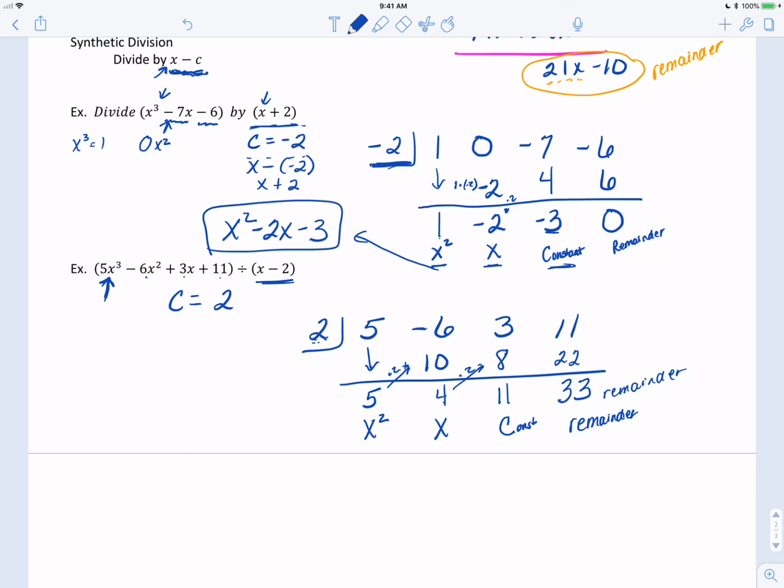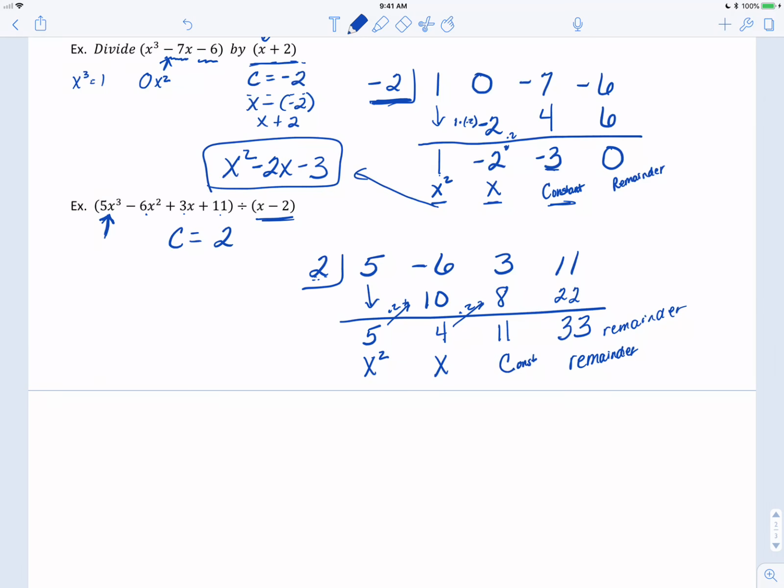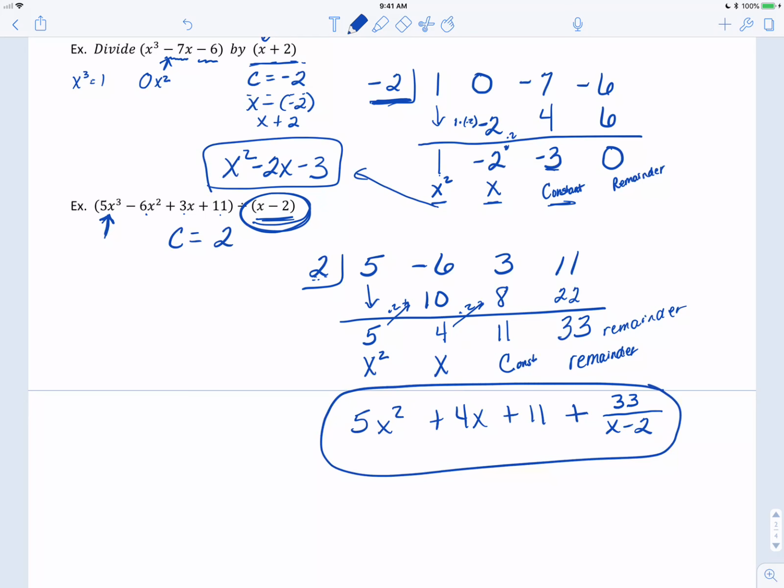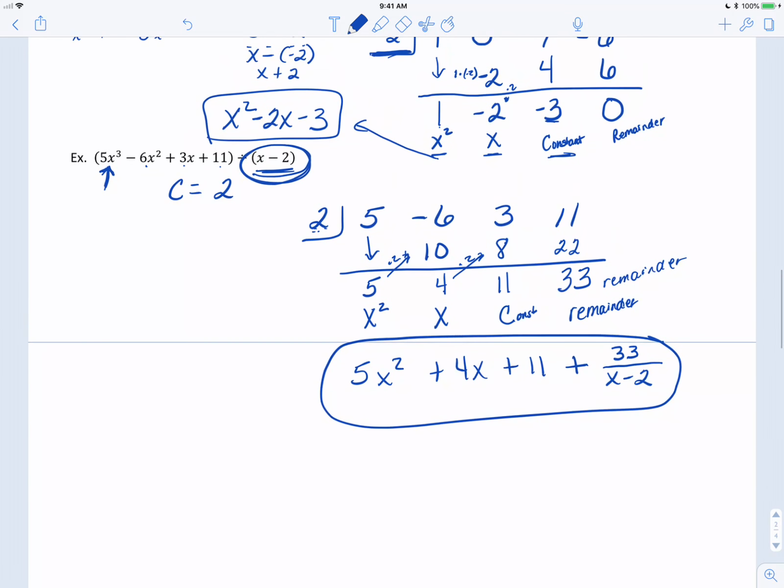So we write that answer as 5x squared plus 4x plus 11 plus our remainder 33 over what we're dividing by, this x minus 2. Final answer. Okay, hopefully you will get that.